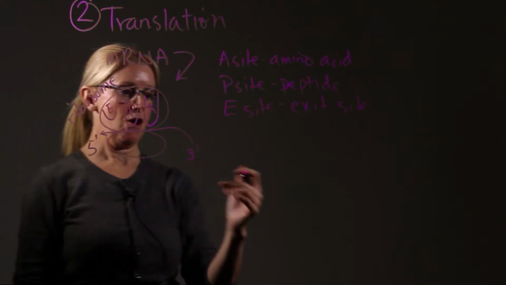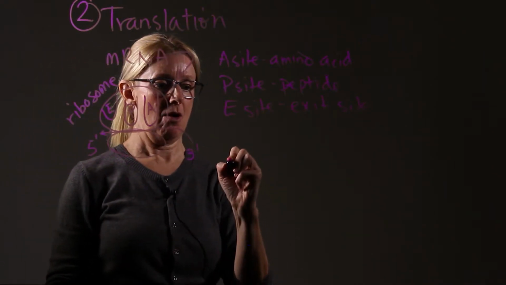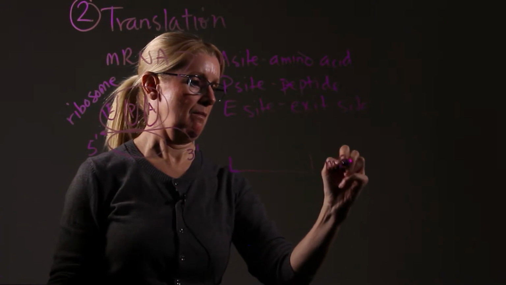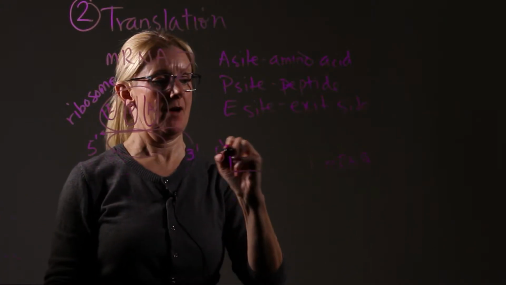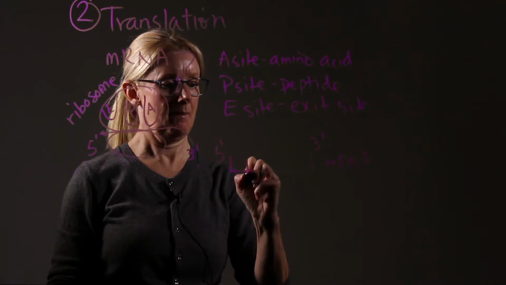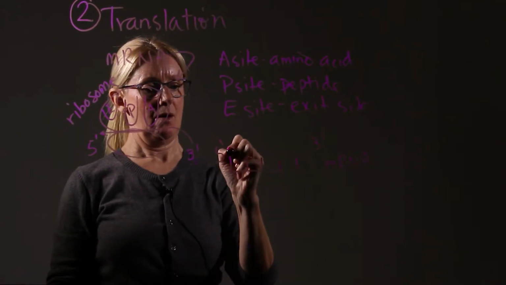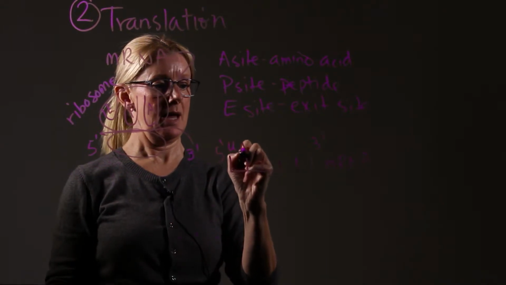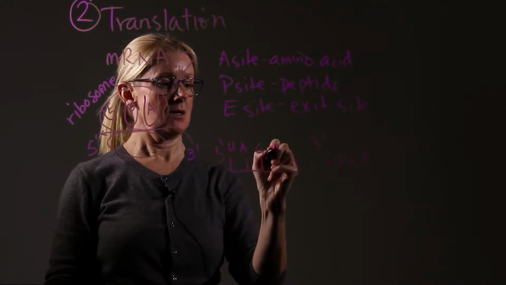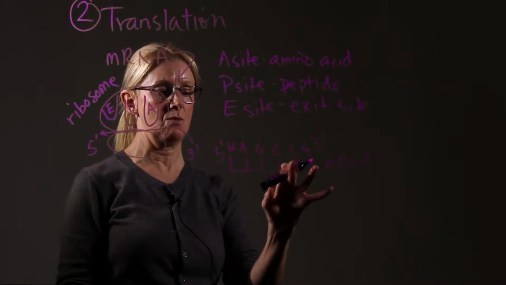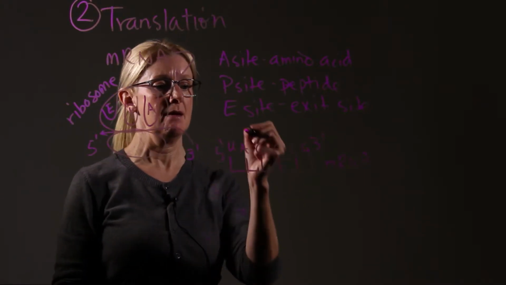So this mRNA that we had from our transcription, if we're looking at it from the 5' to the 3', we had our UAG and our CCG. These were our 6 bases that we copied from our DNA.